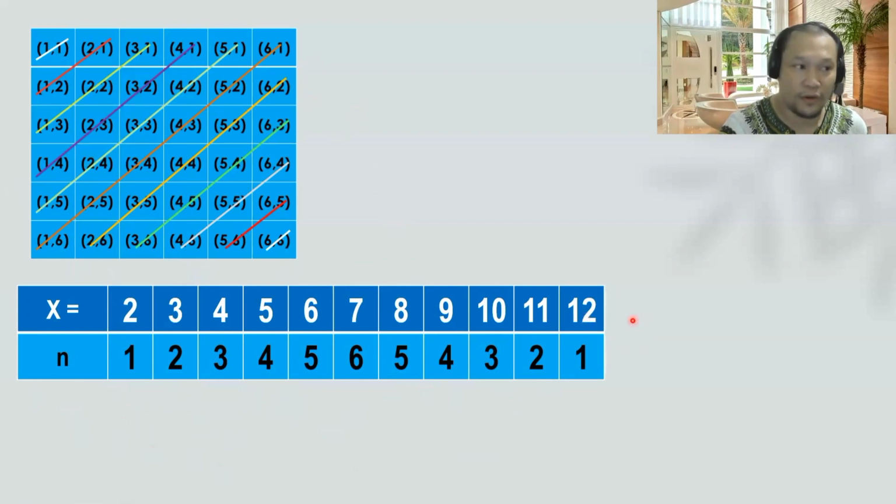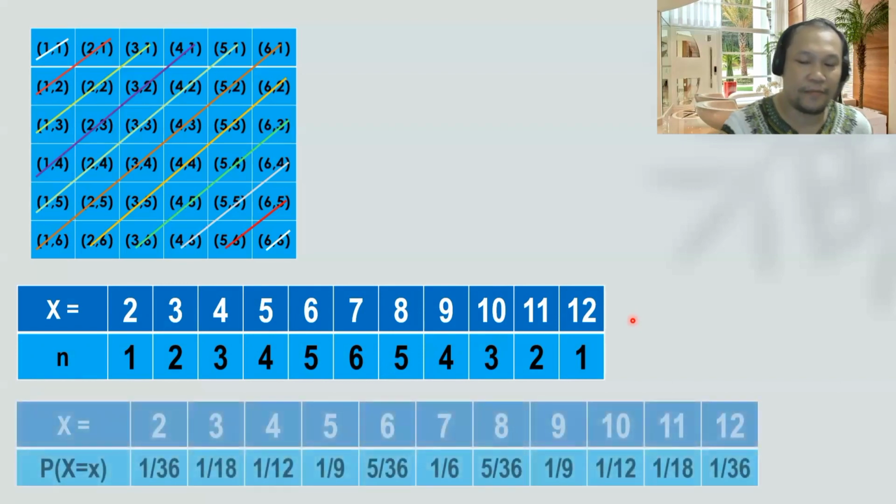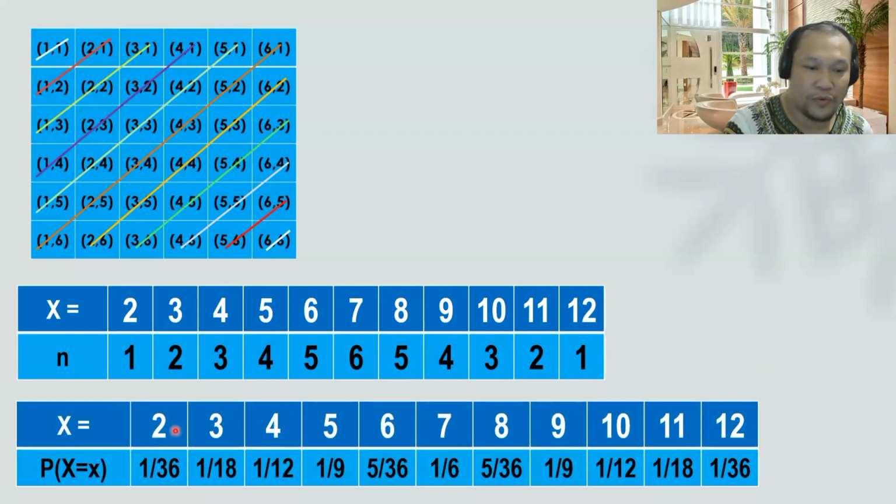And you can also simplify if the numerator and denominator are divisible by a certain factor. Okay? And from this, we have the probability of x equal to 2: 1 over 36, since the total number of outcomes is equal to 36.